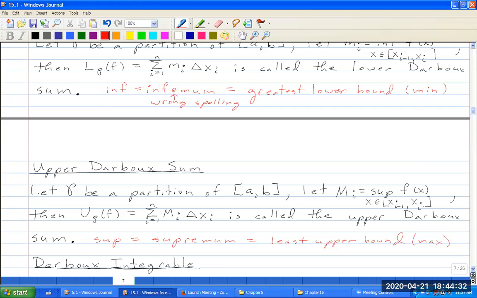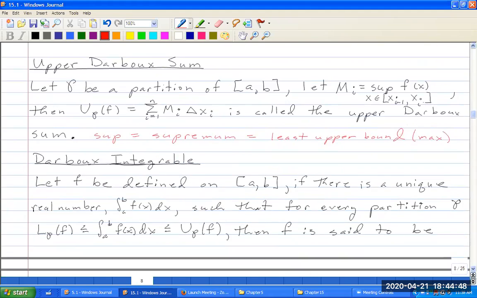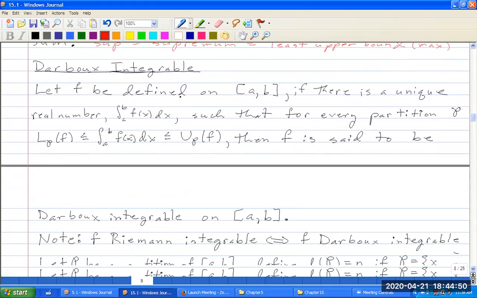Okay, is that clear? Let me do Darboux integrability. Oh, infimum.